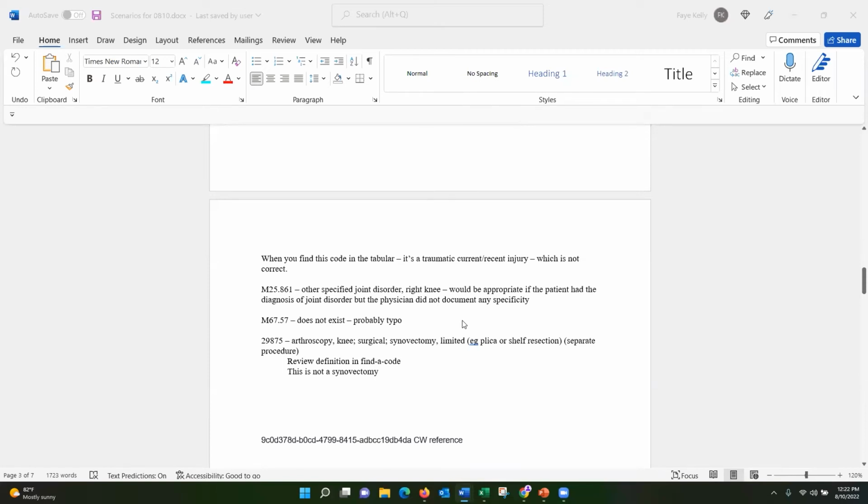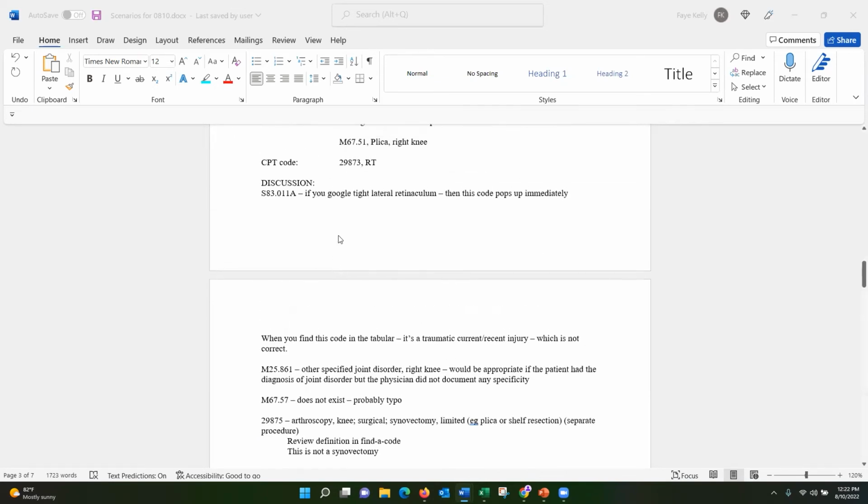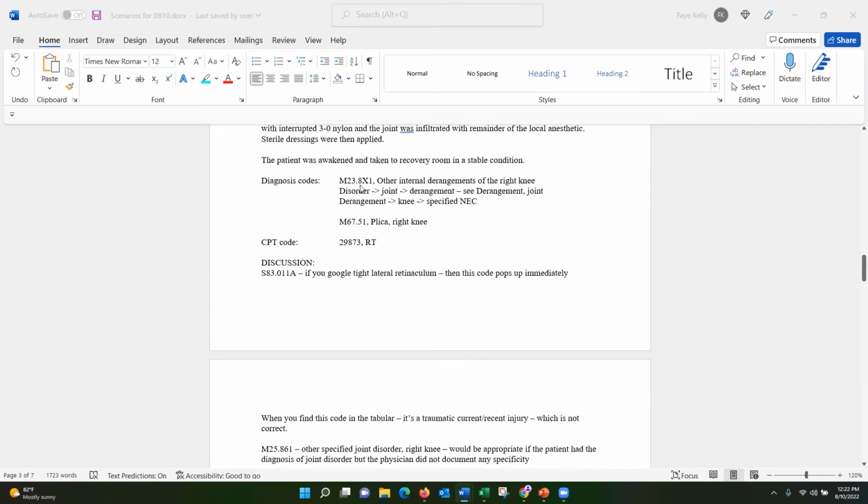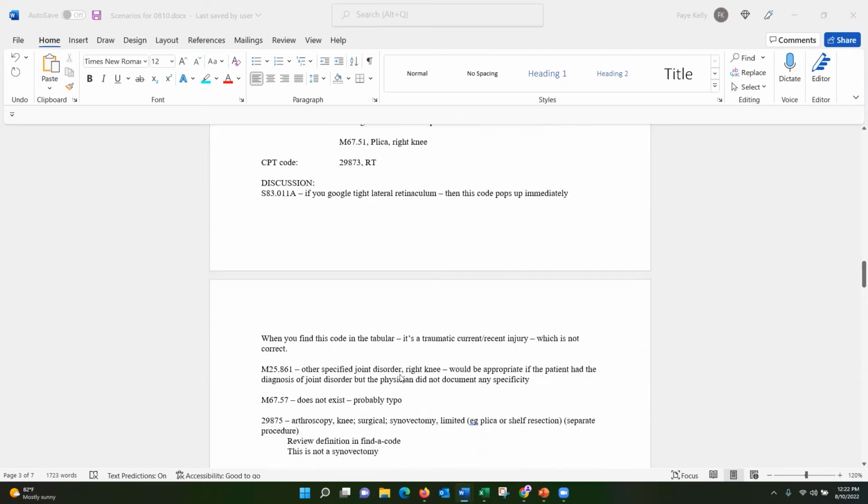M25.861, that is a specified joint disorder. We can narrow this down more with our M23 as an internal derangement of the right knee, more so than we can with other specified.